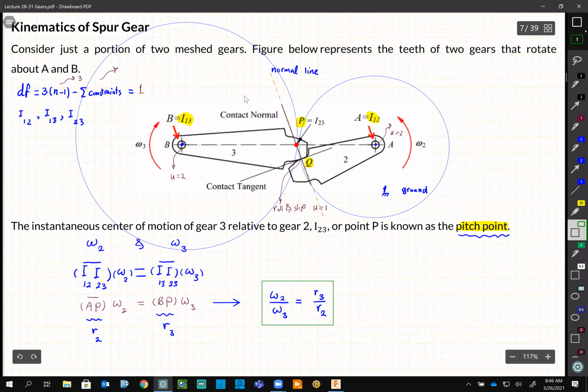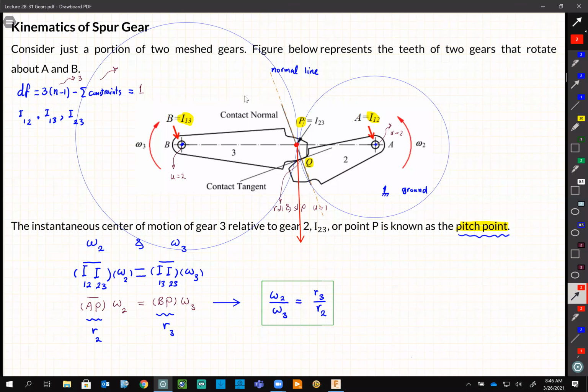And the velocity of point I23, like this point P, for these 2 gears, is the same for both of gears. So this is VI23. Okay. So that's the assumption.